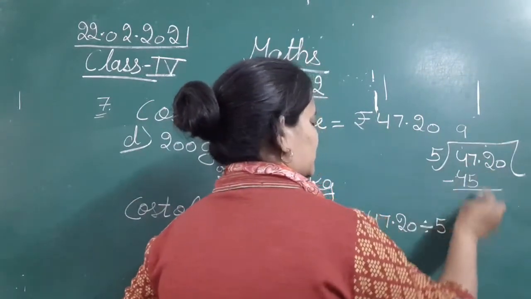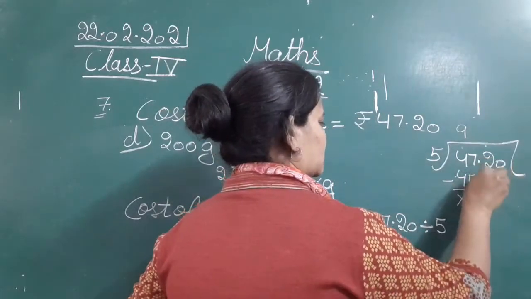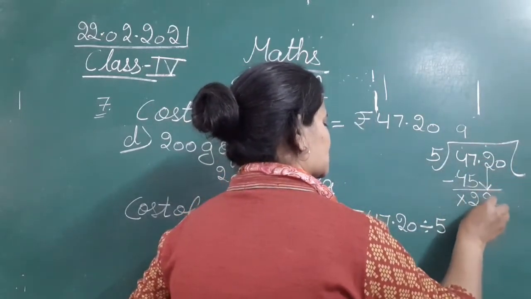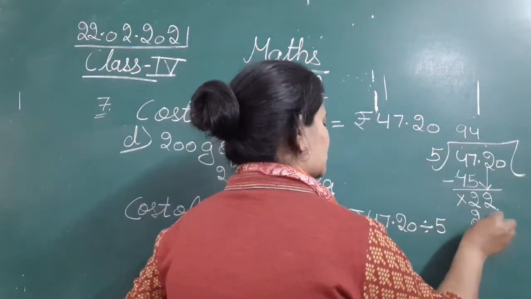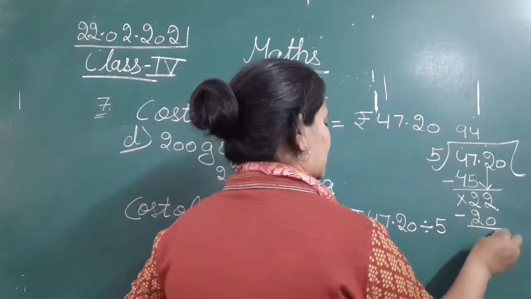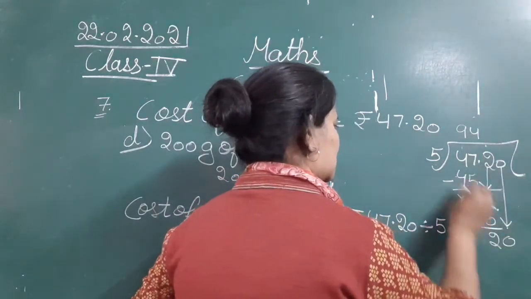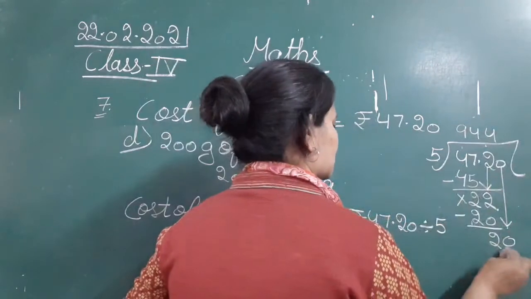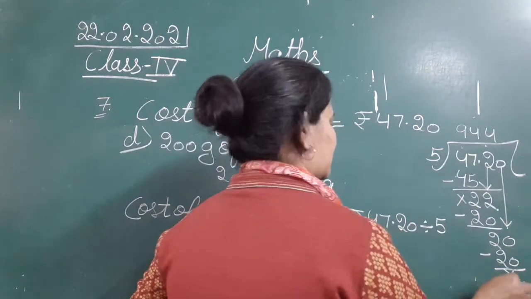So 47 minus 45, that will be 2. Let's bring down the 2 next. So 5 4s are 20, 22 minus 20, that will be 2 again. Now bring down another one, that is 20. 5 4s are 20, 20 minus 20, nothing will be left.